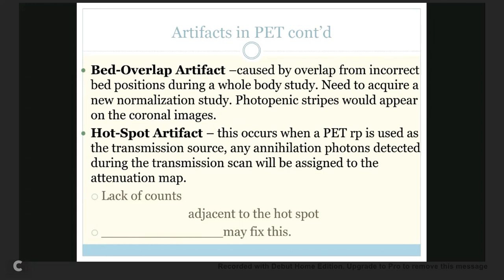If you have lack of counts, more scanning time will fix it. What could be another option, if there is another option? Filters.